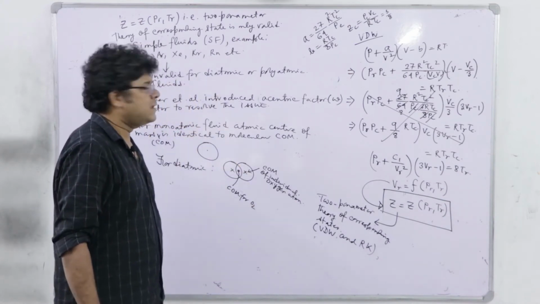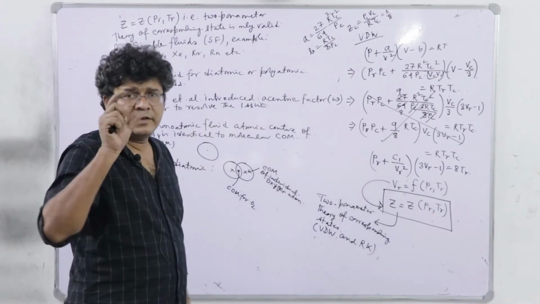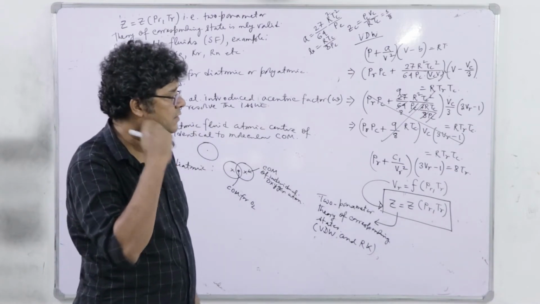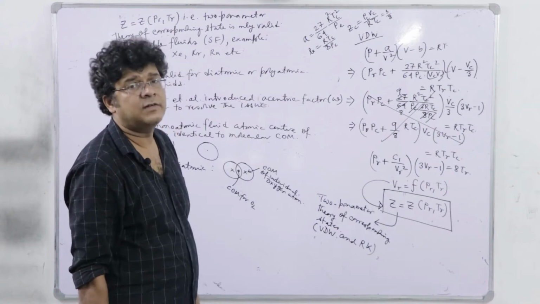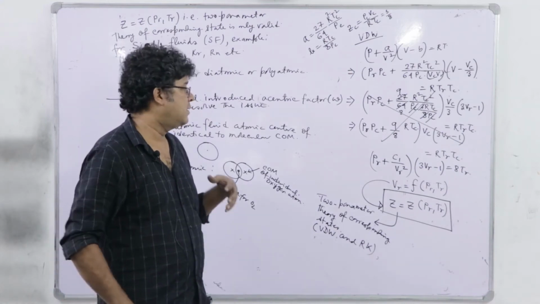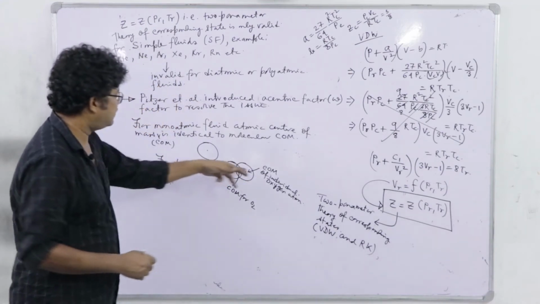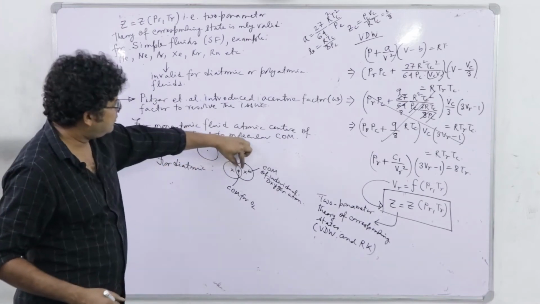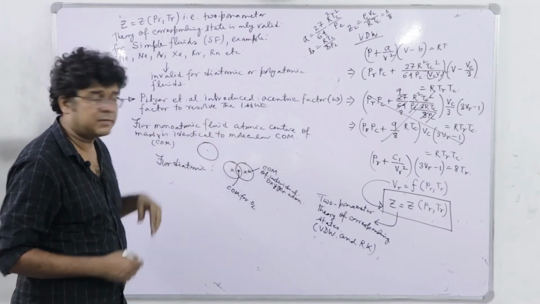So, initially they thought to measure this deviation on the molecular scale. However, the problem is that if it is diatomic, it's fine, we can measure this distance from the bond length.